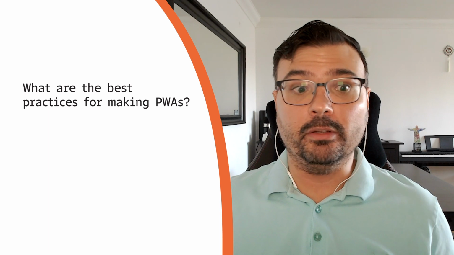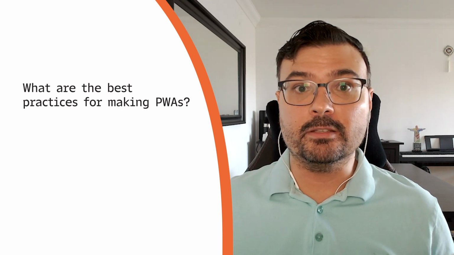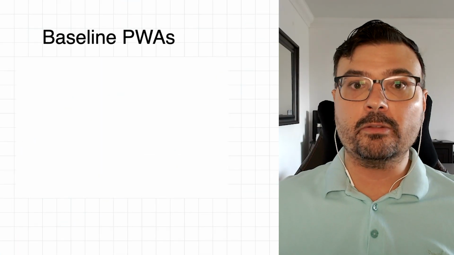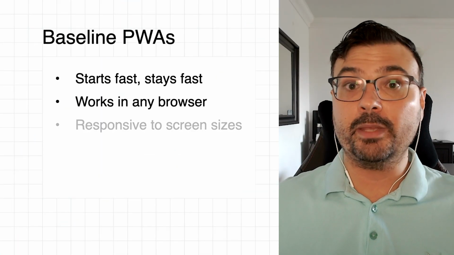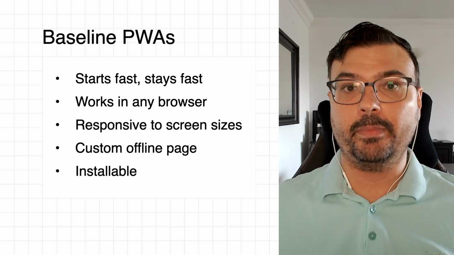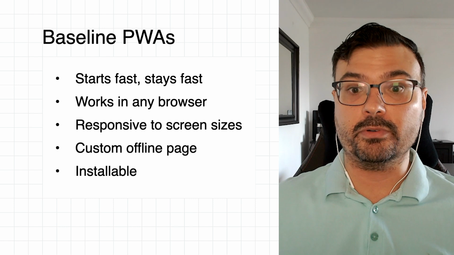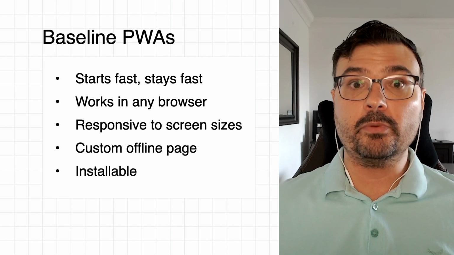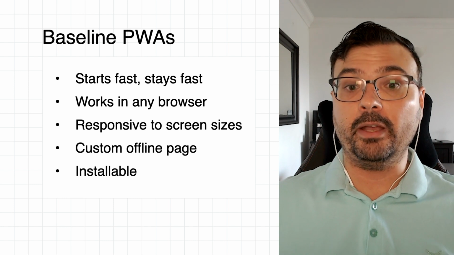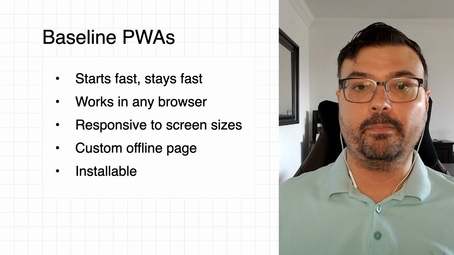For the next question, what are the best practices for progressive web apps? So let's start by the baseline, the minimum your PWA should do. It should start fast and stay fast. It must work in any browser and have a responsive screen to any size. It should provide an offline page and be installable.